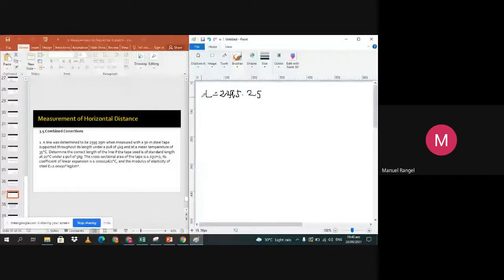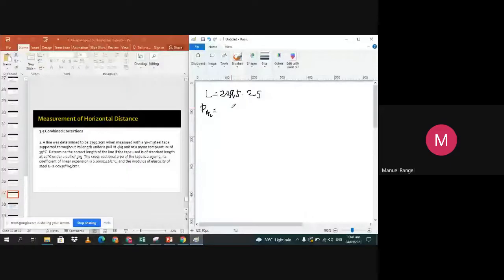So that is the measured tension pull PM, that is equals to 4 kilograms. At a mean temperature of 35 degrees Celsius. So mao na ang standard temperature during measurement.